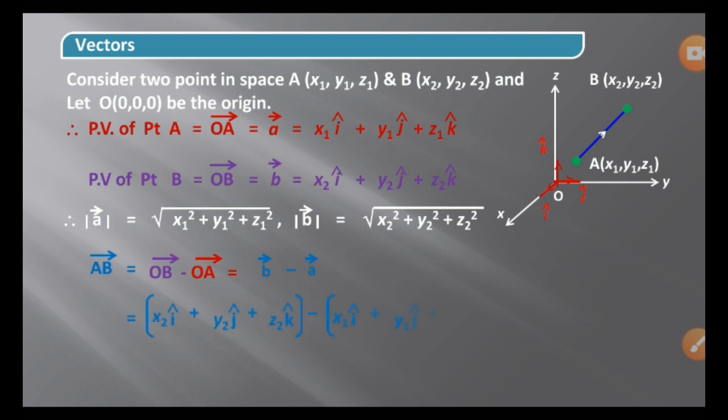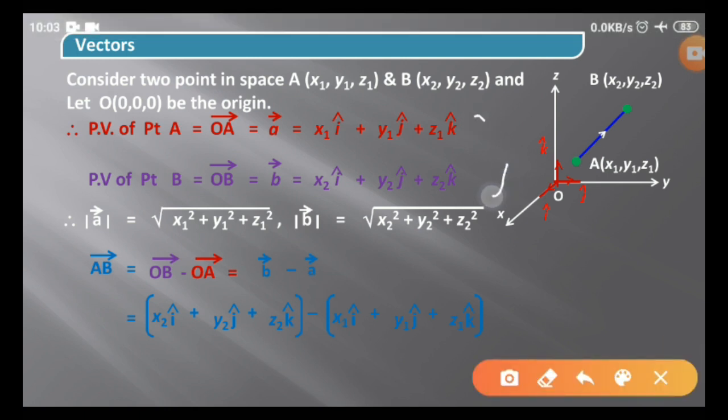Therefore, vector b will be x2i plus y2j plus z2k minus the vector a, which is x1i plus y1j plus z1k.